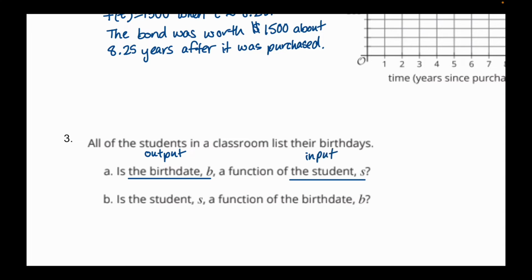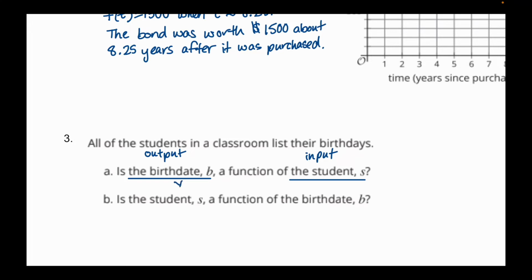Because a function statement would say output is a function of input, so they're asking us if this works. Now, if I input the student's name and it outputs a birthday, no student is going to have 2 different birthdays. So yes, there is one input for one output.